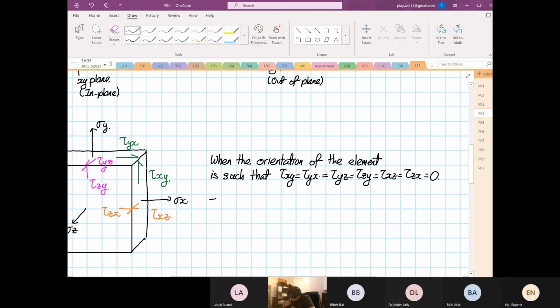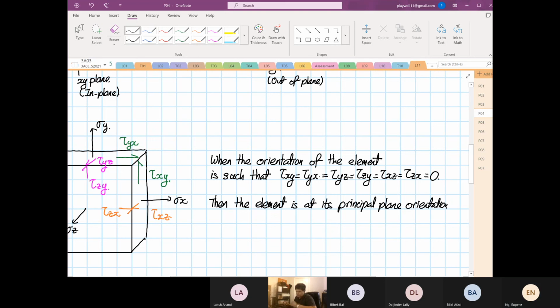Then the element is at its principal plane orientation.